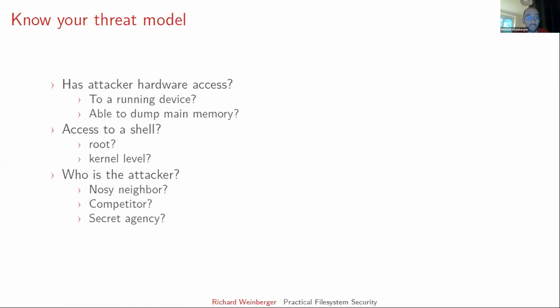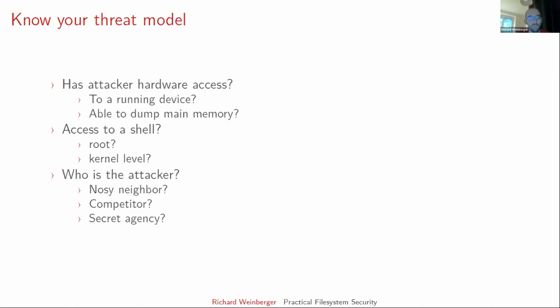Also, has he access to a shell? Can he get a root shell? Do you still want the protection when he can take over your kernel? As an example, when the device is hacked over the internet and the attacker can exploit your kernel, and then he can also inject his own kernel modules, is he still unable to recover some encryption keys? Is this something you have to care about?